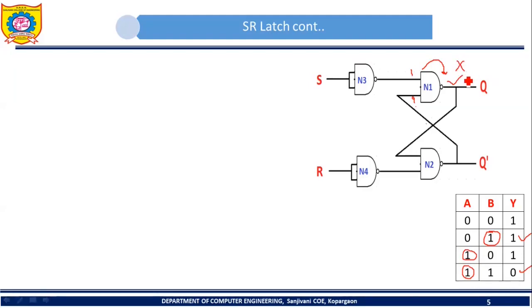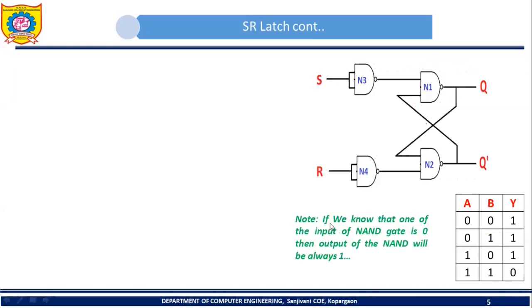No, we cannot directly predict the output. Here the output will depend upon this second input, because if the second input is 0, the output of the NAND gate will be 1, and if the second input is 1, the output will be 0. So if one of the inputs of a NAND gate is 1, I cannot predict whether the output of that NAND gate N1 will be 1 or 0.